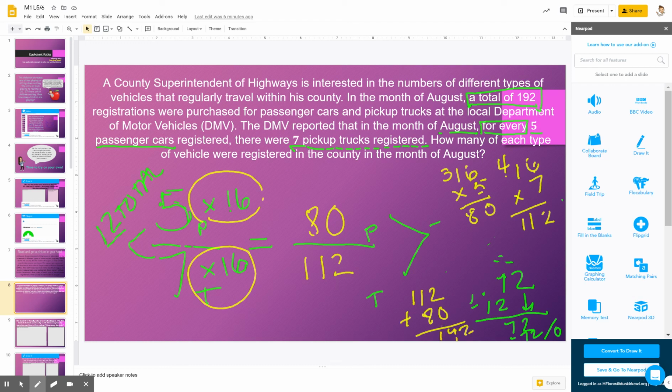So then we have to go back to the question. We have an even further step here. It says how many of each type of vehicle were registered. So your sentence would say there were 80 passenger cars and 112 pickup trucks registered in the month of August.